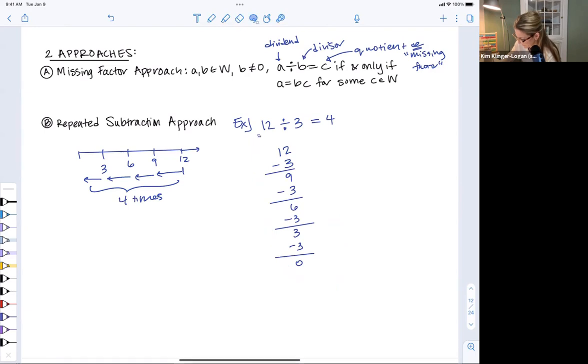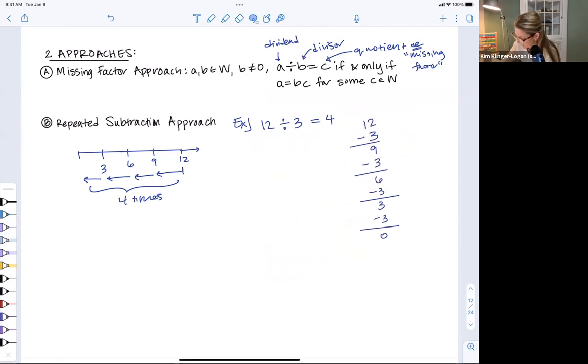Here again, I can see the number of times that I subtracted 3: 1, 2, 3, 4 was 4 different times. And so 12 divided by 3 is 4.